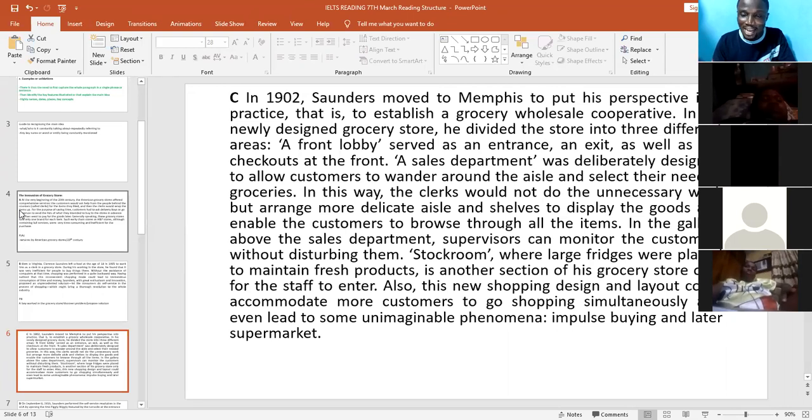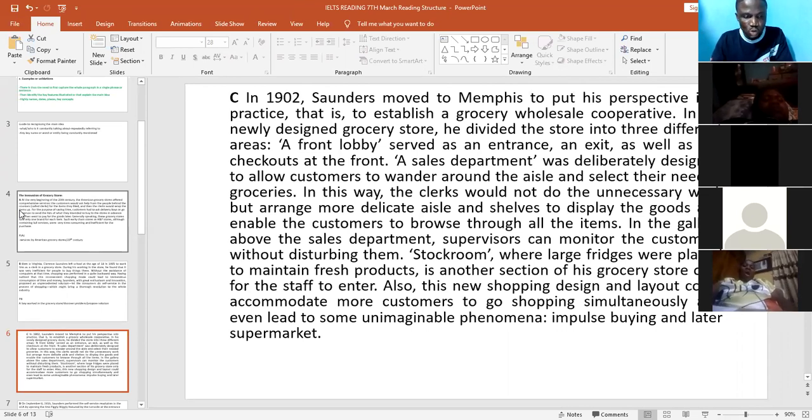This is his idea. Front lobby, serving as an entrance and exit. What was he talking about here? His idea put into practice. And number 2, these are his ideas. So this part was talking about Saunders' ideas and implementation.